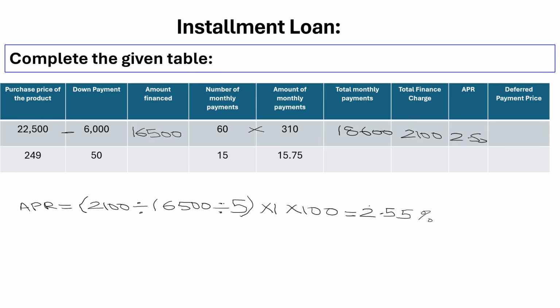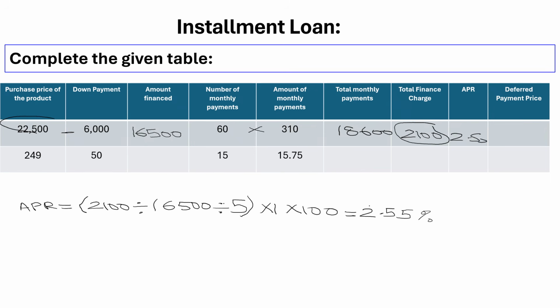Then deferred payment price. How do we calculate the deferred payment price? Remember the formula: purchase price, which is 22,500, plus total finance charges, which is 2,100.